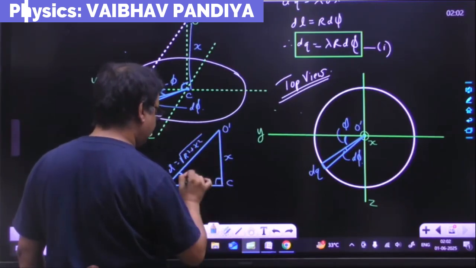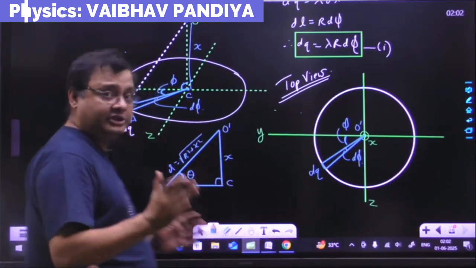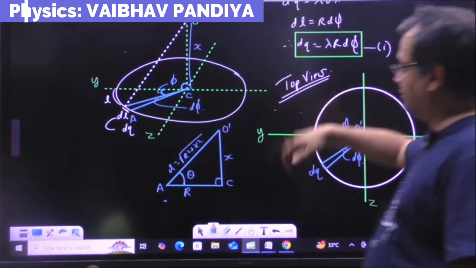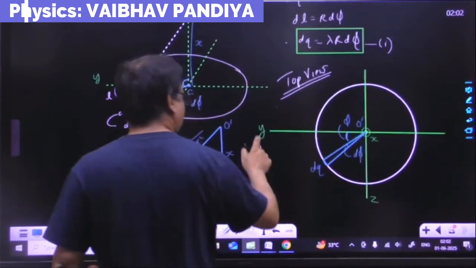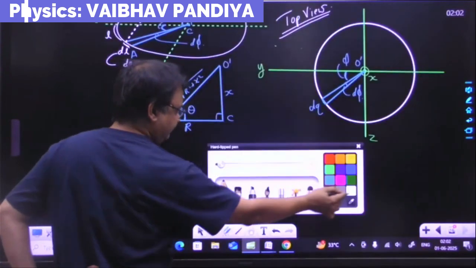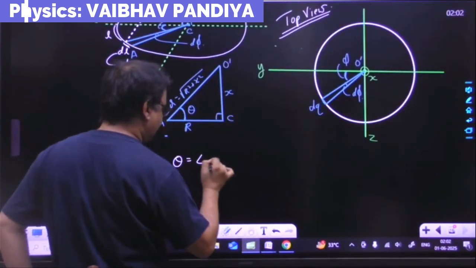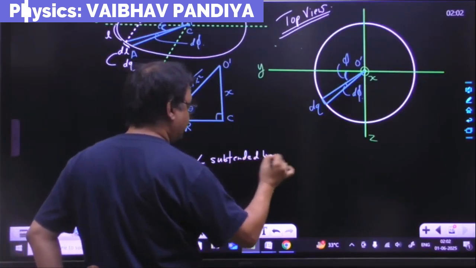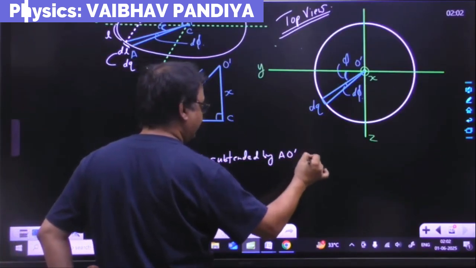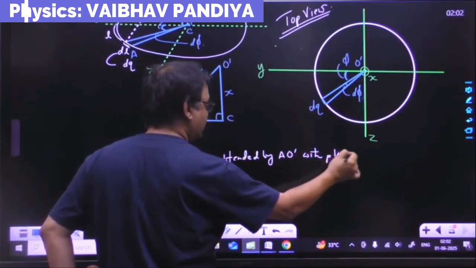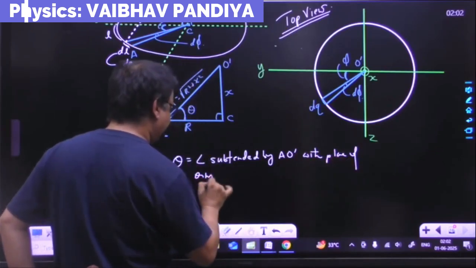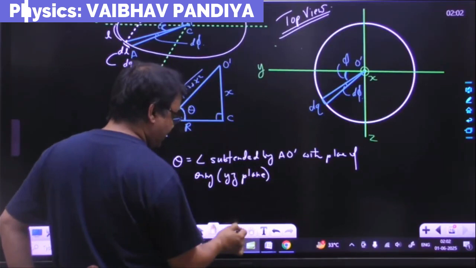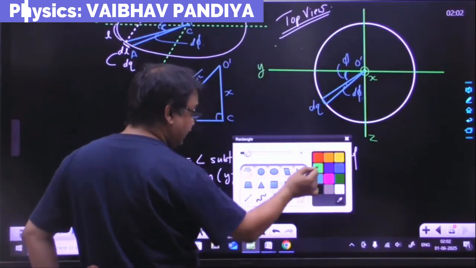Sorry, phi is the azimuthal angle, so let this angle be theta. So theta is the angle subtended by the line A O dash with the plane of the ring, that is the YZ plane. Got it?